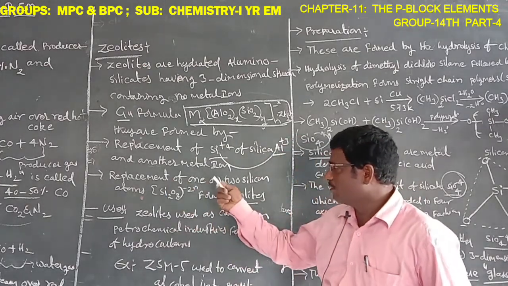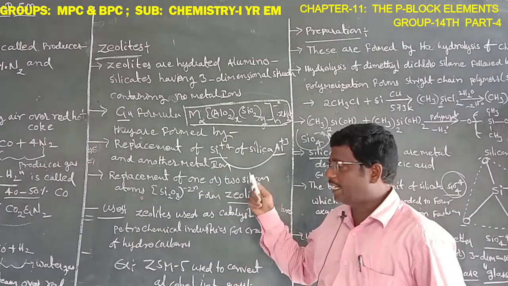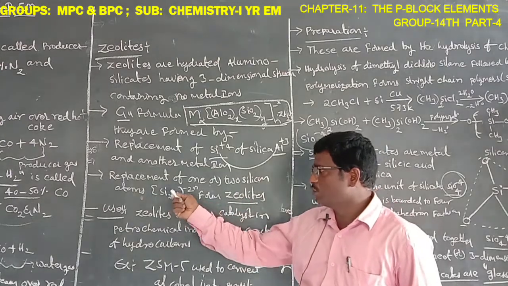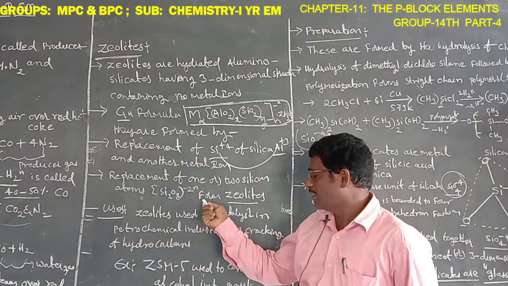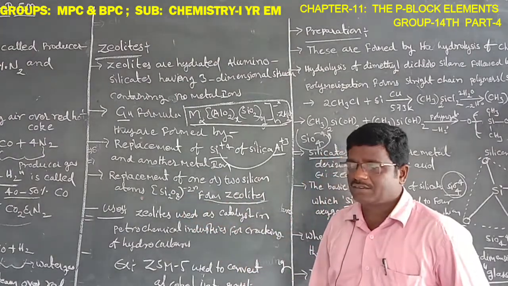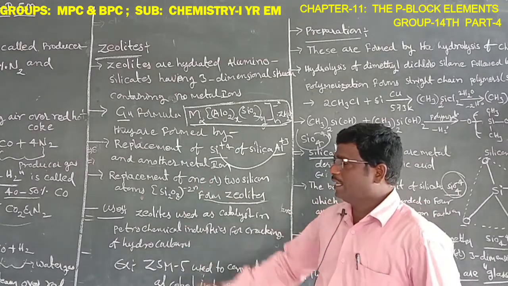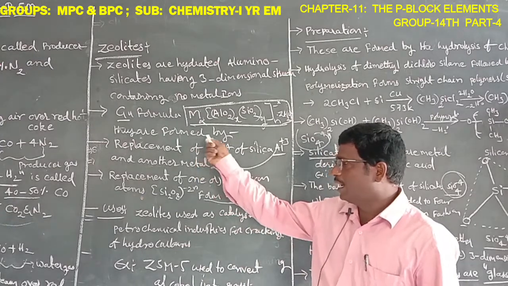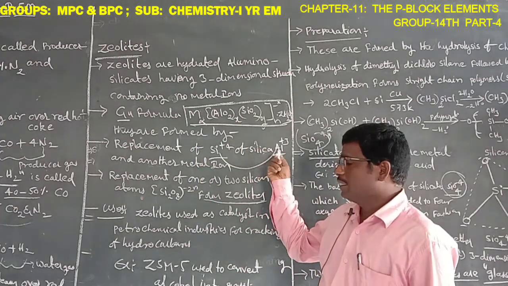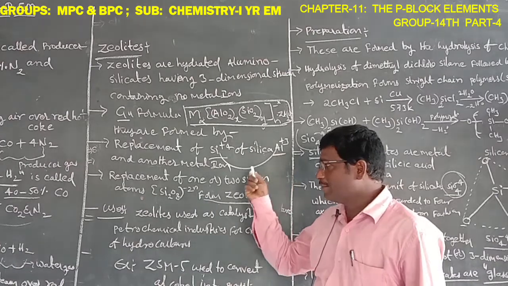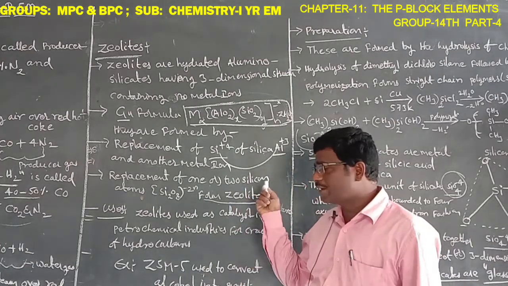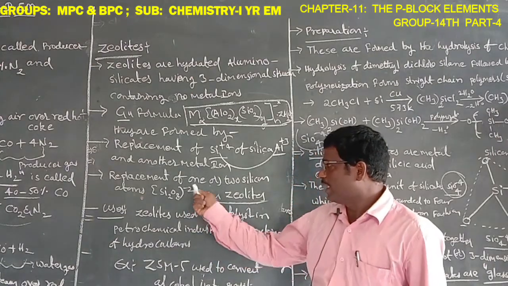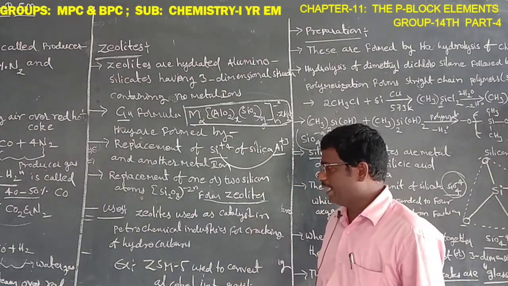The replacement of one or two silicon atoms in Si2O8 units forms zeolite. Zeolite is formed by the replacement of silicon in SiO4 by aluminum 3+ and another metal ion, replacing one or two silicon atoms of Si2O8.